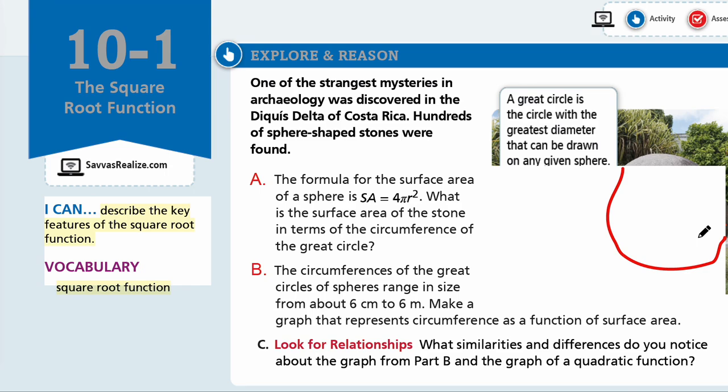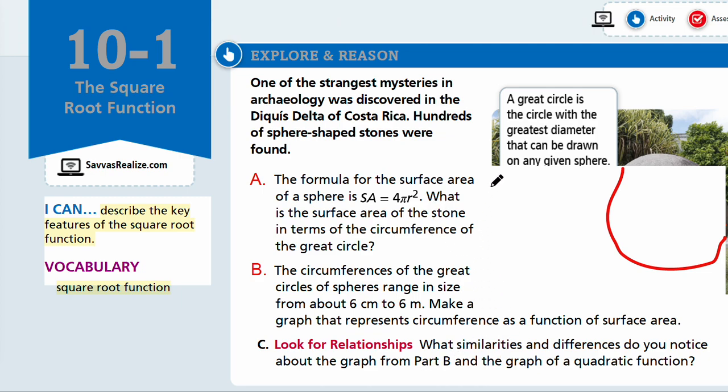So in part A, the formula for the surface area of a sphere is 4 pi r squared. What is the surface area of the stone in terms of the circumference of the great circle? So are we given the radius? Okay, so let's see.